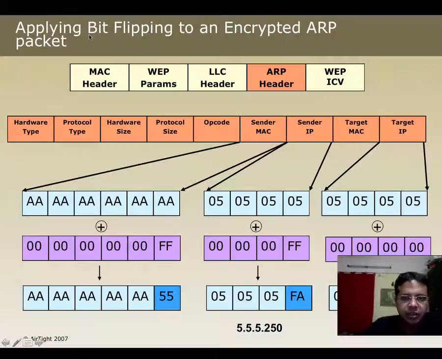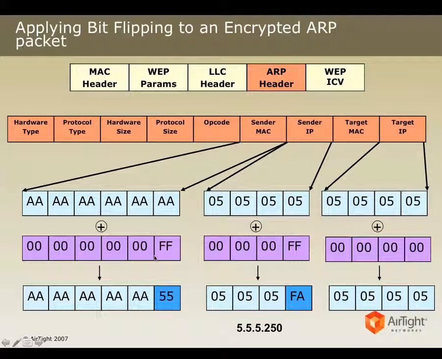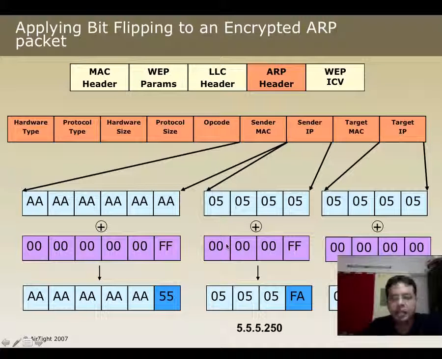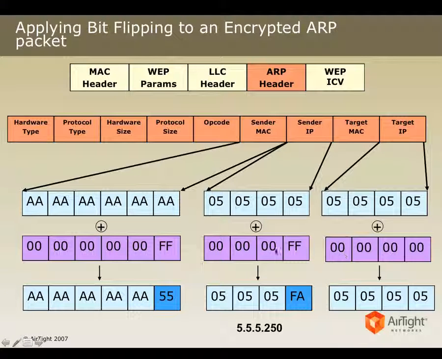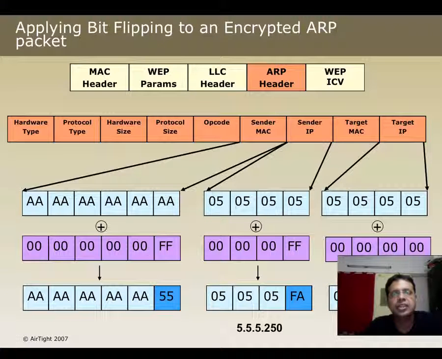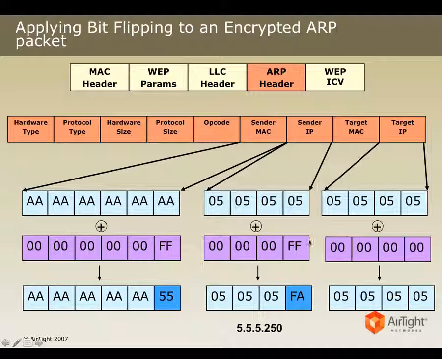So referring to the slides, this modification is done by XORing the encrypted packet with this bit mask. Now if you ask me why this bit mask, the reason is very simple. We really don't care what we change in the MAC address, because any change in the MAC address is a new MAC address. And what we do is we just change the least significant byte by XORing it with some value.